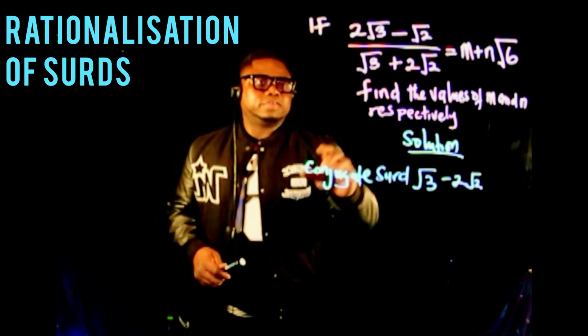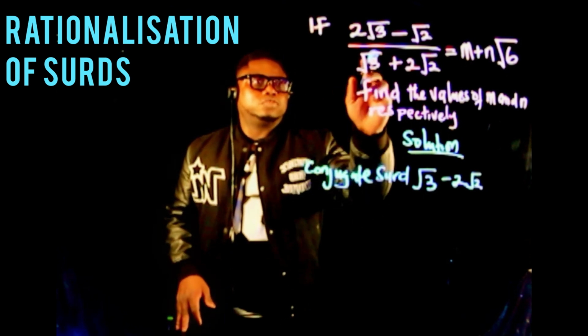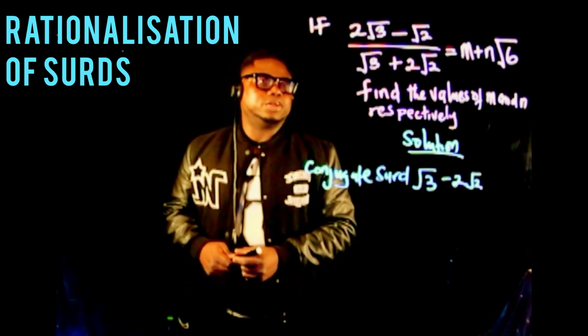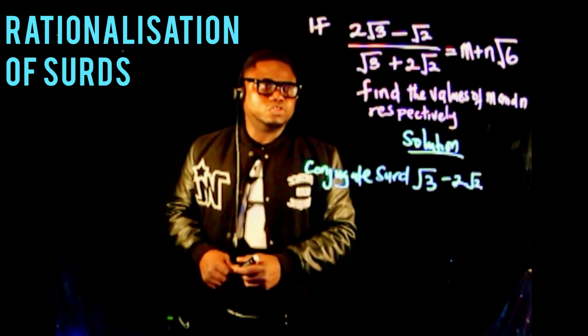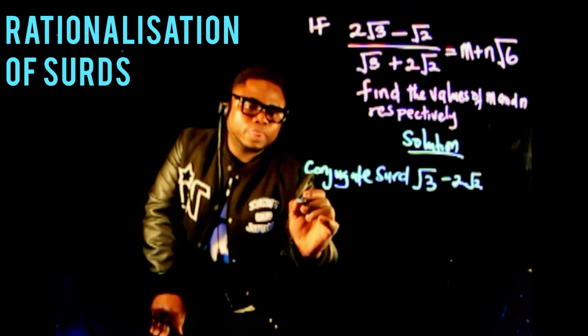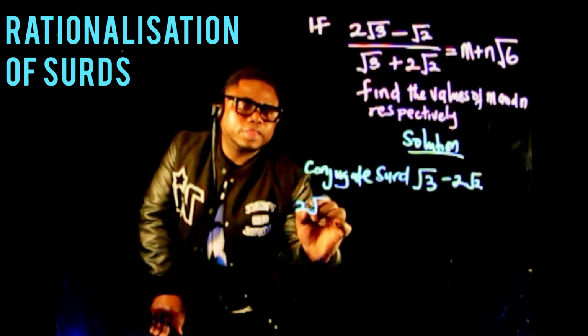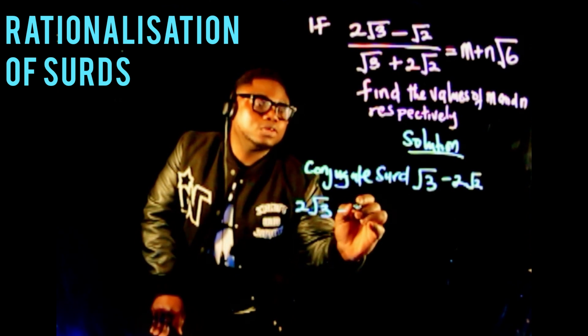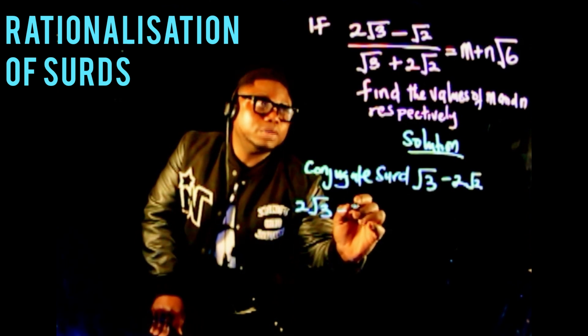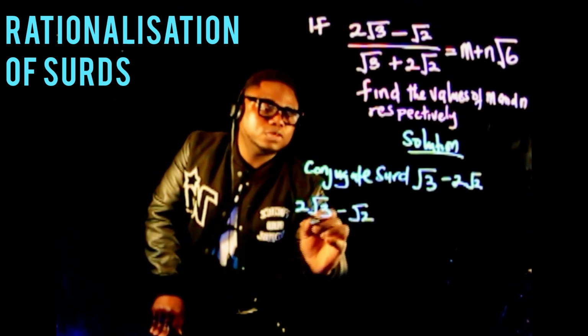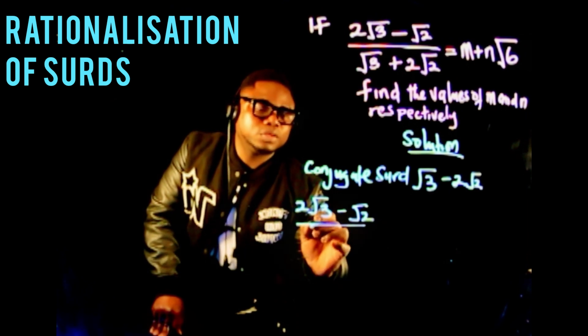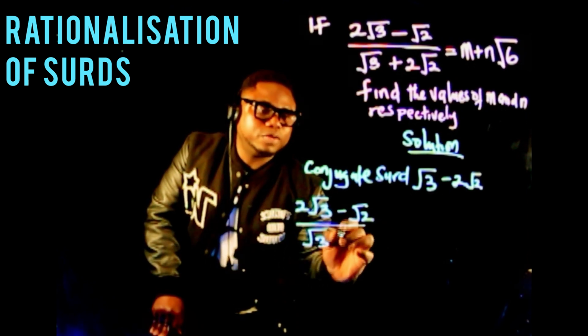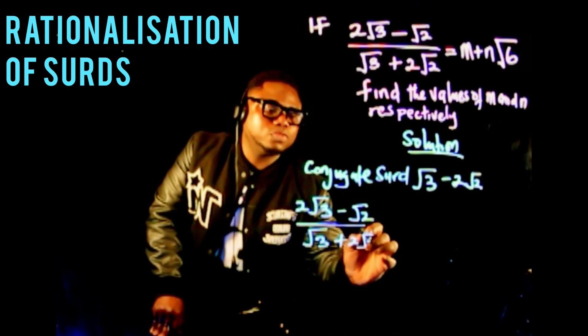Now, the next thing to do is to multiply both the numerator and denominator by the conjugate. So I'm going to write 2 root 3 minus root 2 divided by root 3 plus 2 root 2.